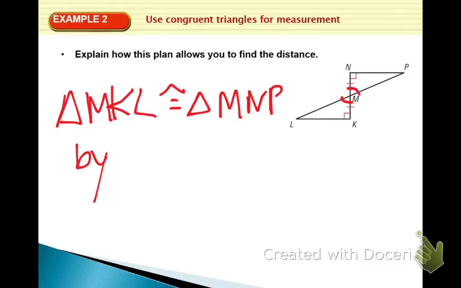Evan? Angle, side, angle. Right. I start at this angle, then I have a side, and then we have an angle. So that'd be angle, side, angle.